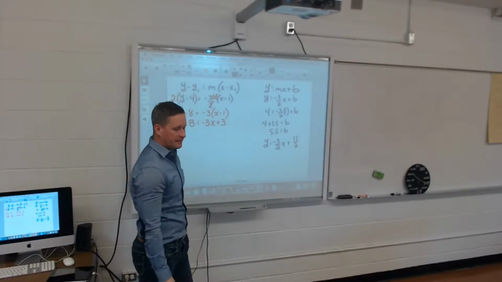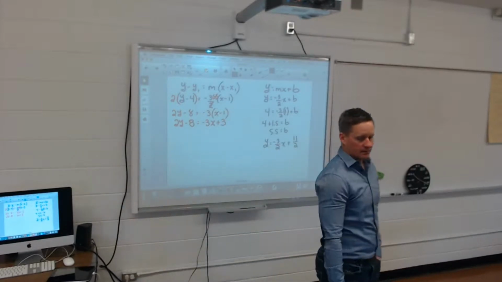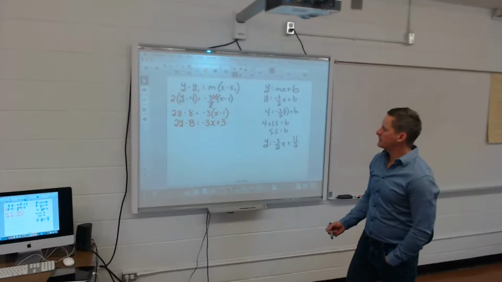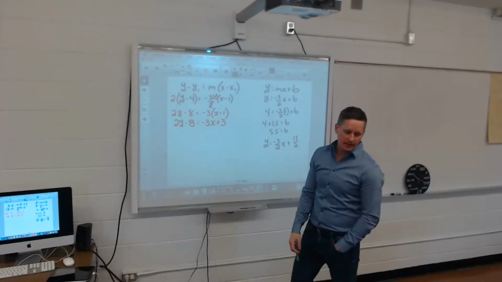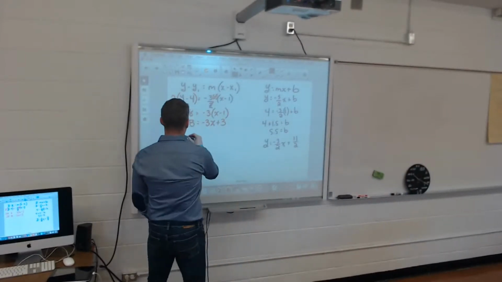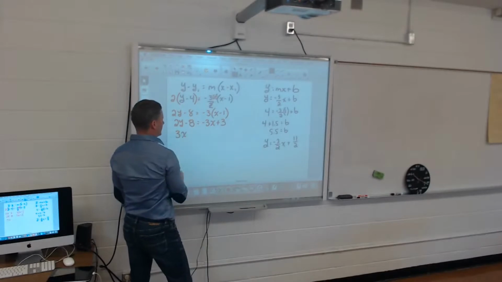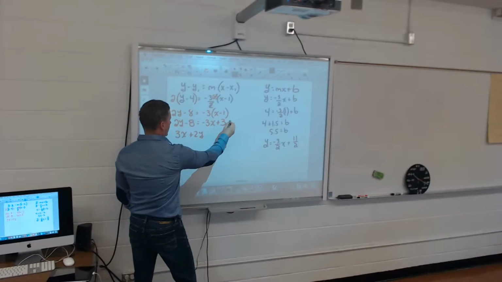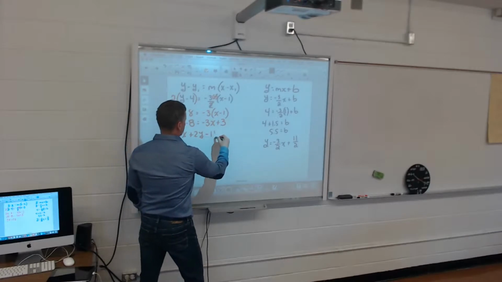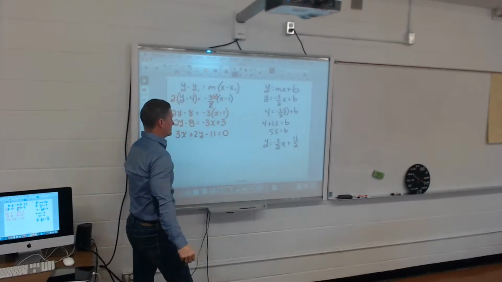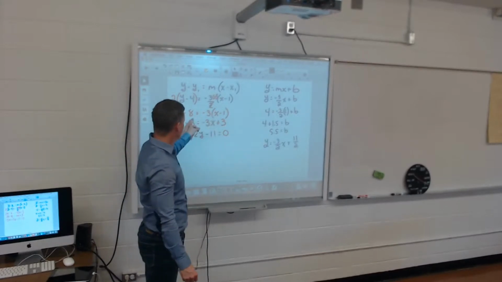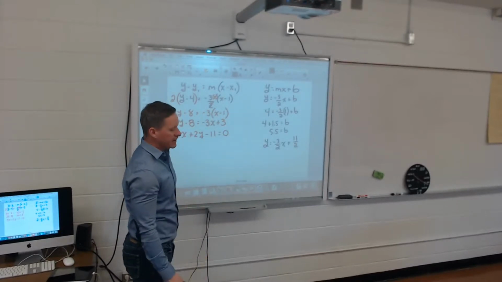So I have that. Now I've got to get them all to one side. So I'm going to add 3x over, plus 2y, and subtract that to get 0. So I'm going to add 3x and subtract 3. And there's my general form.